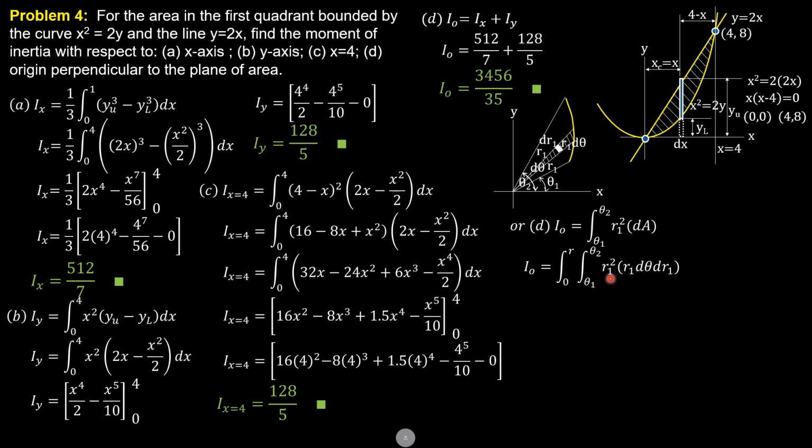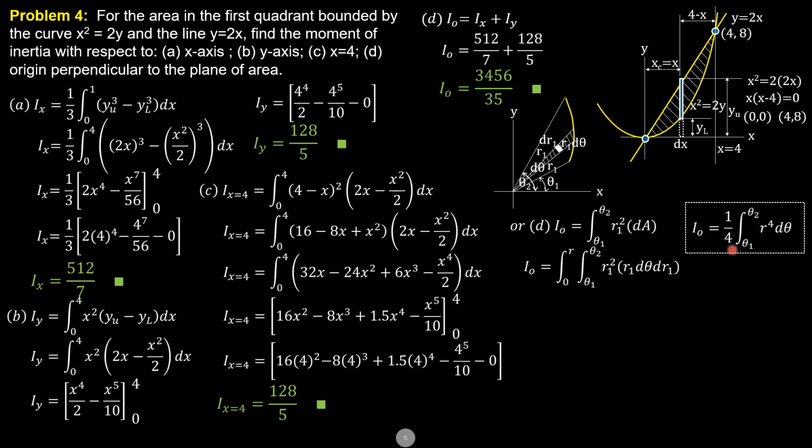So this is integral from 0 to r of r1 cubed differential r1. That would be r1 to the fourth over 4 from 0 to r. So this is the formula, therefore 1/4 of, because this is r1 to the fourth over 4 from 0 to r, that becomes r to the fourth over 4.